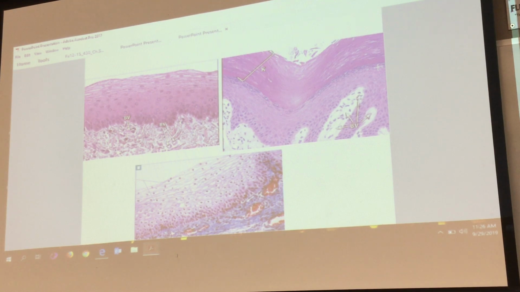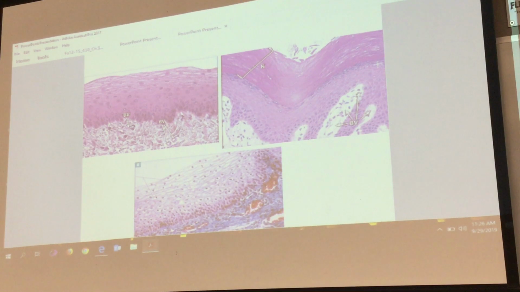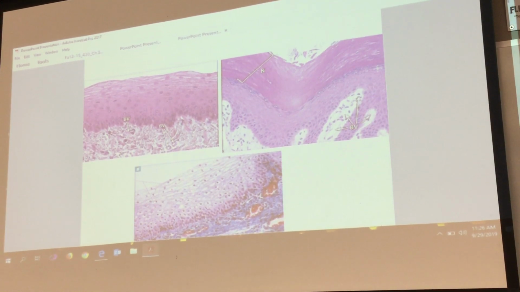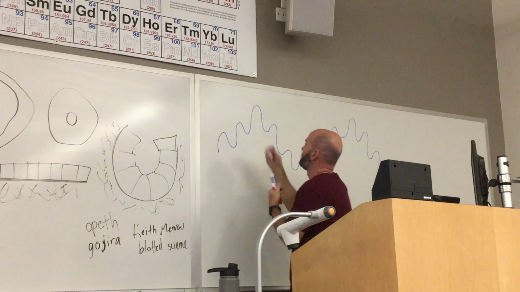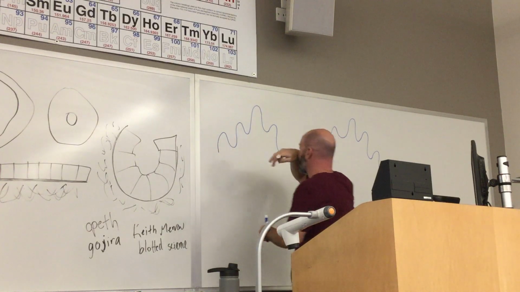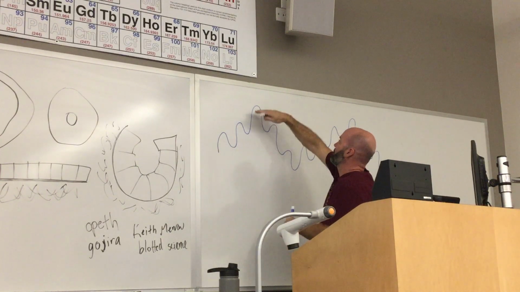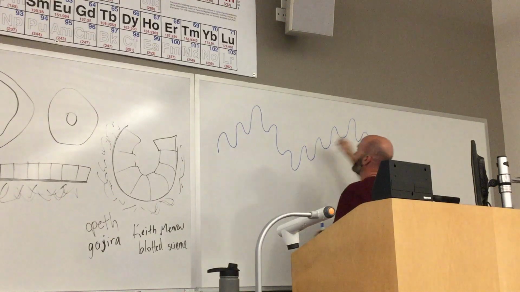Neither of the models actually show dermal ridges, but I know what you're talking about, and I'll draw it here. We have some images that show this, but I'm pretty sure the models do not. So these are dermal ridges, which is just dermal papilla that go way up, and then come back down and go way up.